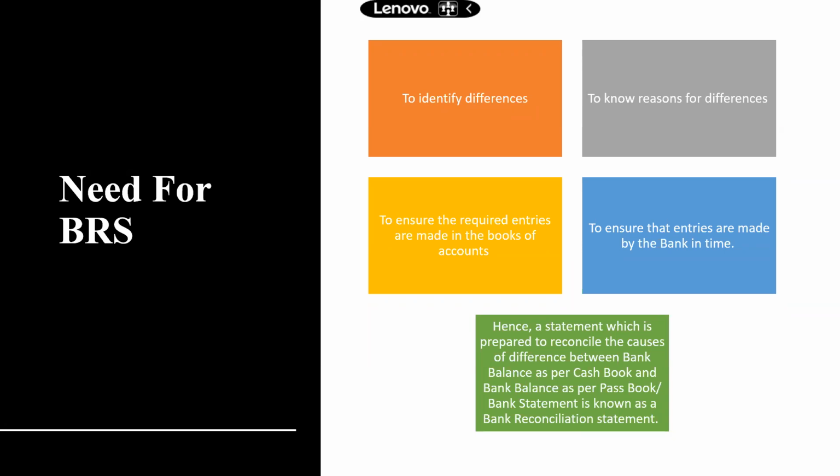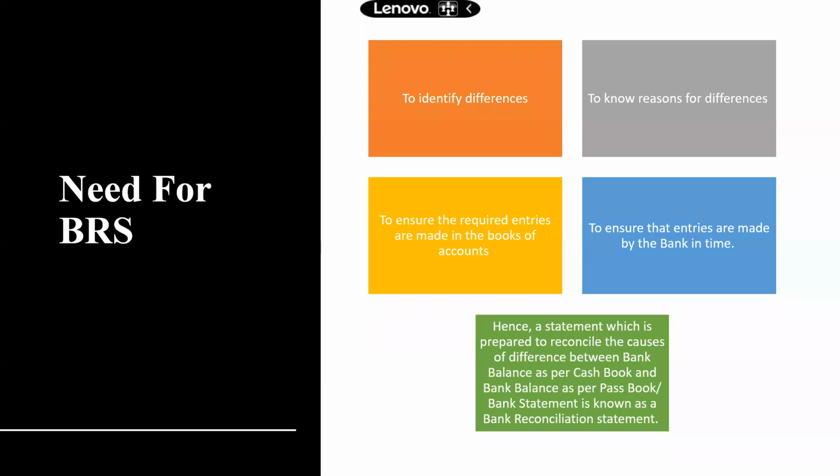Another major reason is to ensure that entries are made by the bank in time. So if I'm preparing the BRS, I will also come to know that is the banker recording all entries promptly and on time, right? So there are four major reasons why we are preparing the BRS.